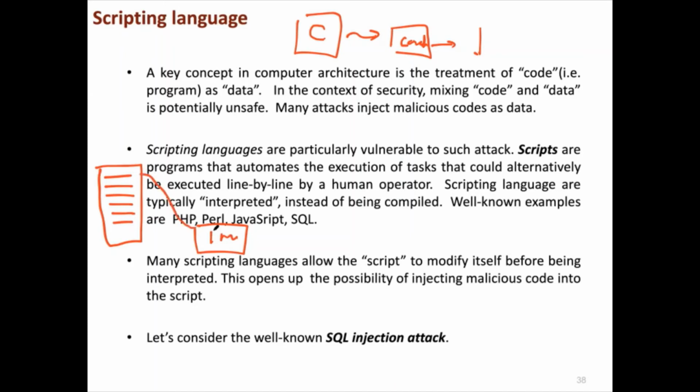They can also have for loops and variables. A scripting language may allow the script to modify itself before it is interpreted. Using the same example again, suppose I have a script with a lot of lines here and an interpreter.